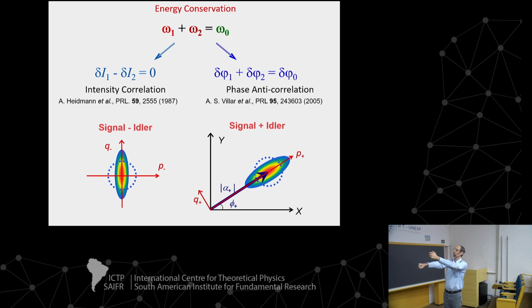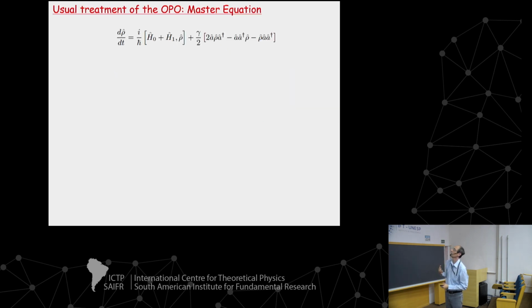Phase is related to energy conservation. So you have the angular velocity here. If one goes up a little bit, the other one should go down a little bit, so they keep with the pump. So they'll be doing like this. They're correlated in this orientation and anti-correlated in this orientation. Okay? That's the picture that you get in the output.